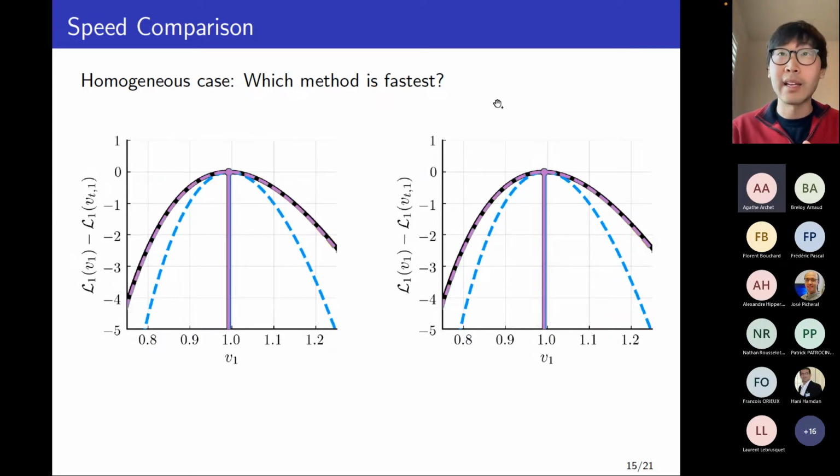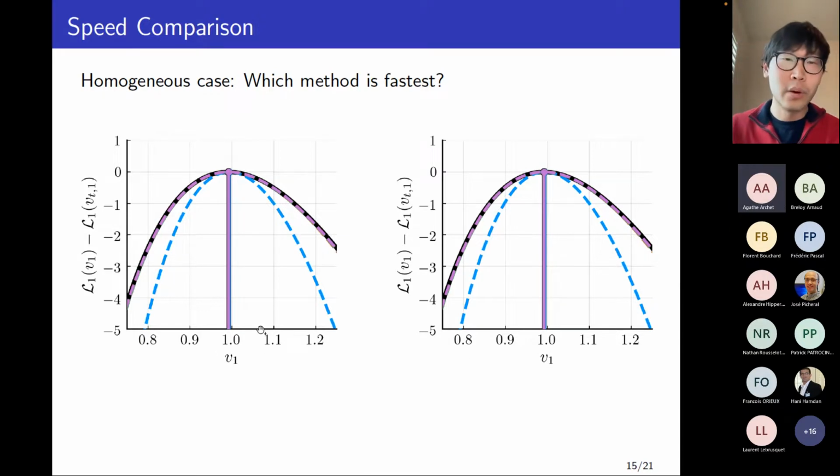Now in this case, we can ask and look at why they perform the way they do. What I'm showing here is the minorizer evaluated at the initialization. So here we're looking at the minorizers for V1, and here I might have a small error in the graph. I'm sorry, this should be V2.